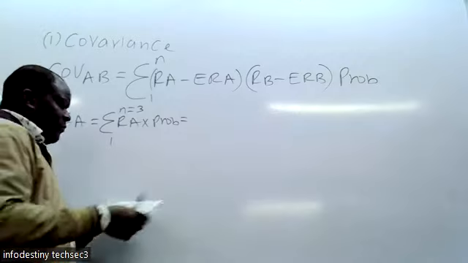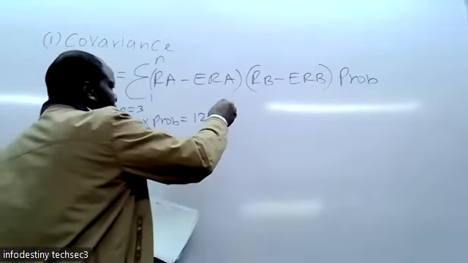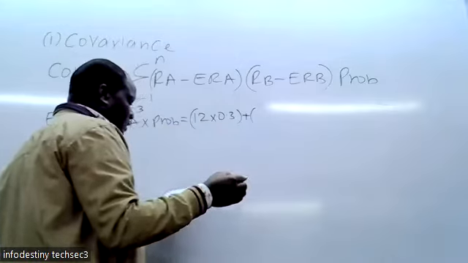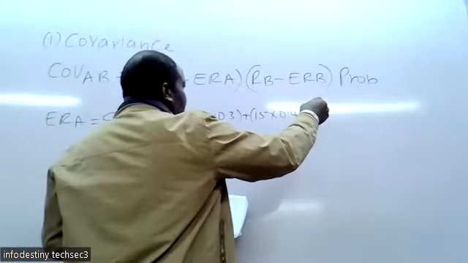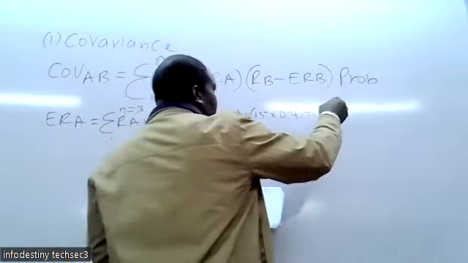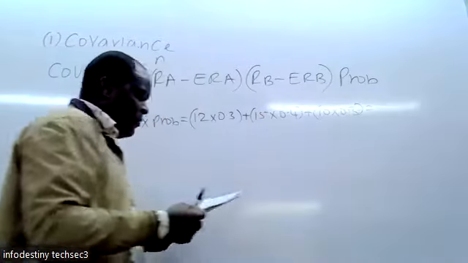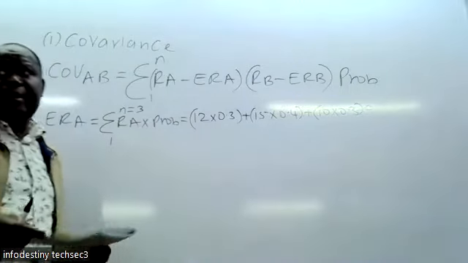The first one for A is 12, probability is 0.3. The second one is 15, probability is 0.4. The next one is 10, probability is 0.3. When you add them together, they will give you the expected return for A.